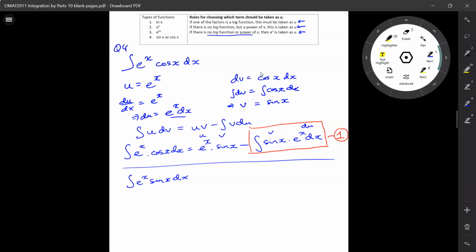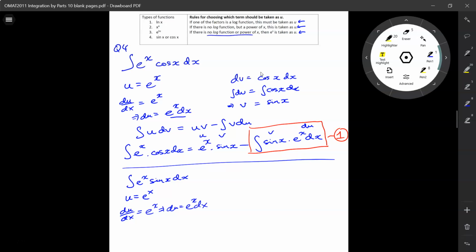So once again, we set u equal to exponential x. Therefore, du dx is equal to exponential x, which implies that du is exponential x dx.